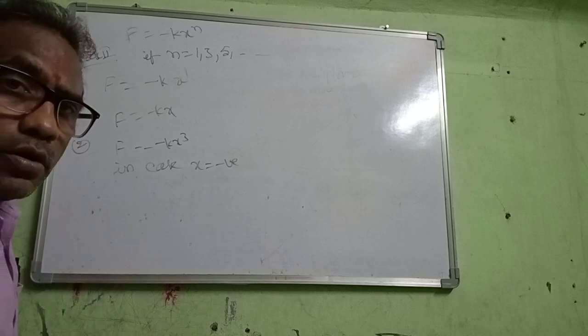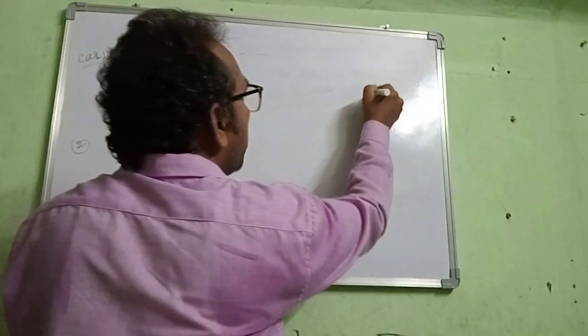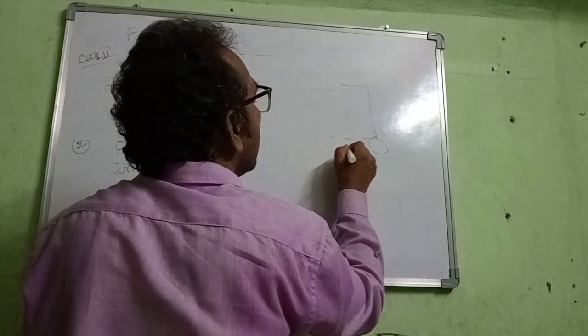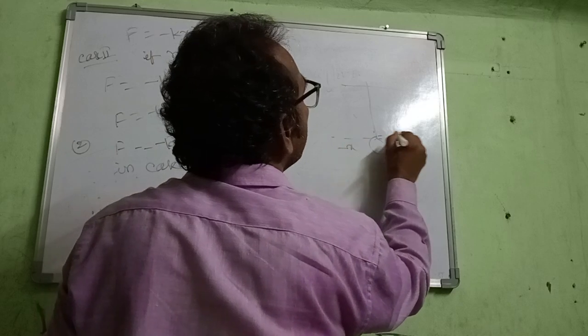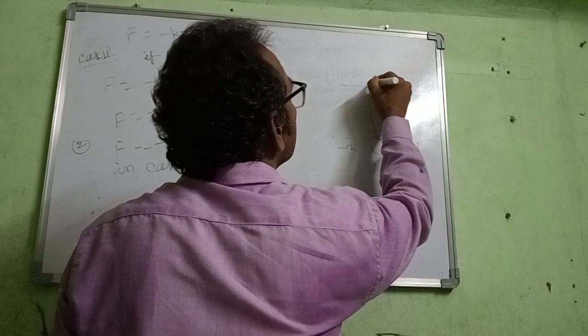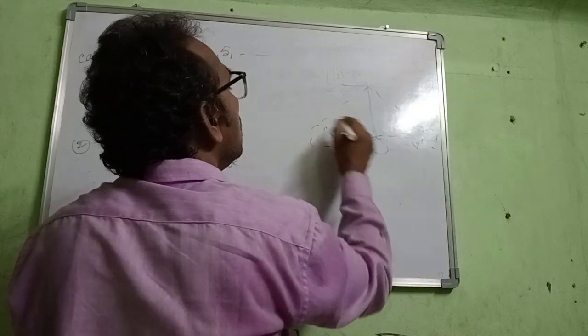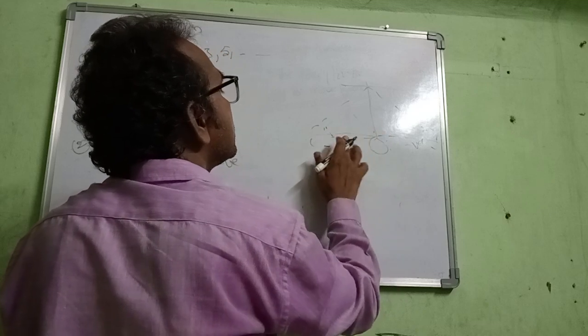Is it possible to get displacement negative? Whenever the pendulum is like this, take this displacement as negative, this displacement as positive. So x displacement is negative means we are considering this side.